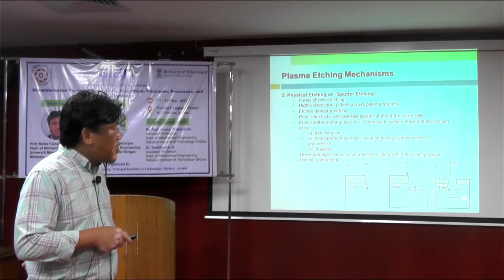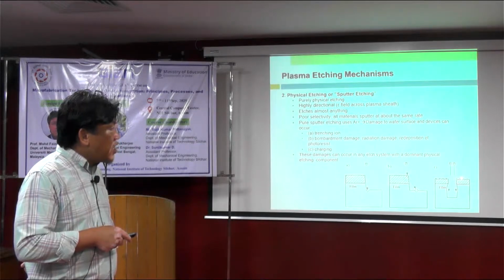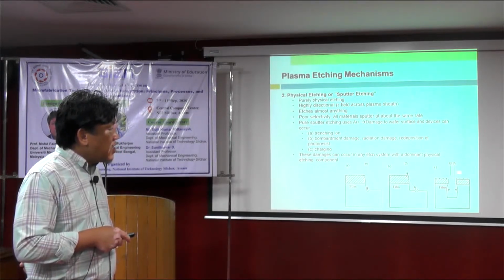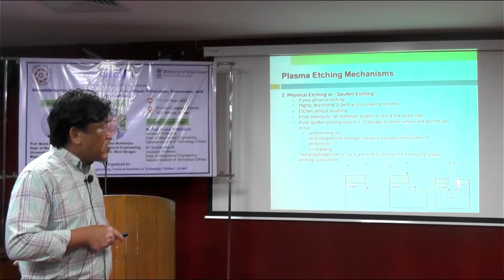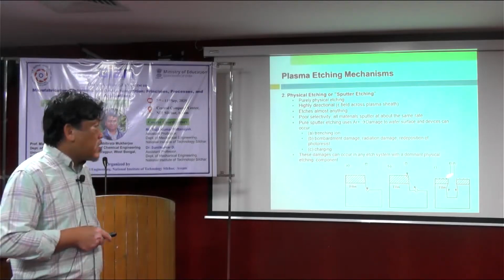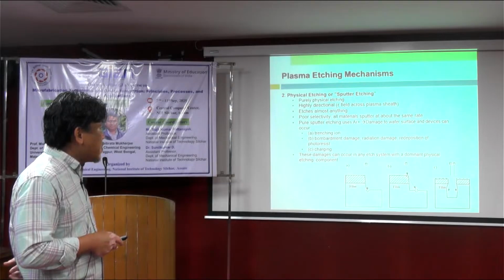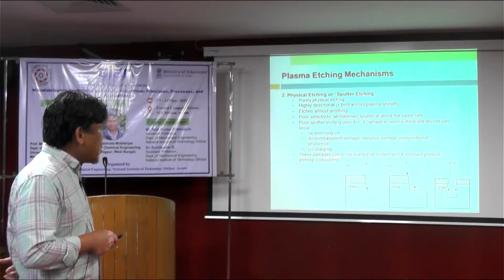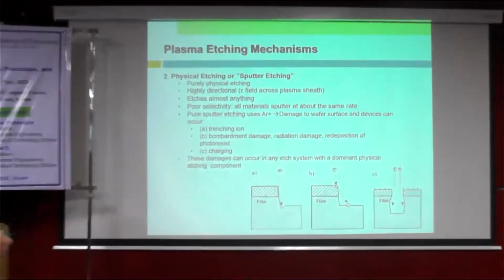Because this is a positive charge ion, and let's say this is negative, it will attract the positive charge, slightly bending it to the side. So this will cause a not straight cut in the material removal. These damages can occur in any etch system with a dominant physical etching component.